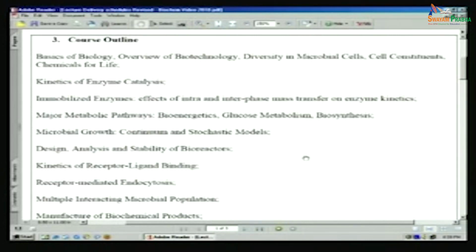One of the important and interesting things that we are going to do is kinetics of receptor ligand binding. So what is receptor ligand binding? It turns out that most of the physiological processes, we did some of the transport things before, but the reaction part of it, many of the important physiological processes are dictated or governed by receptor ligand binding.